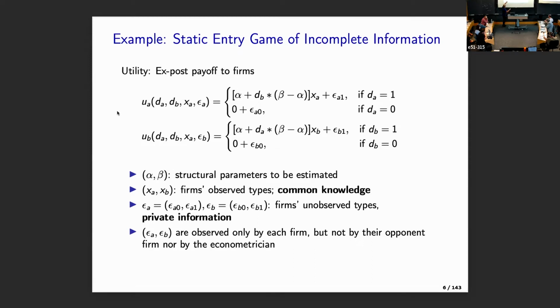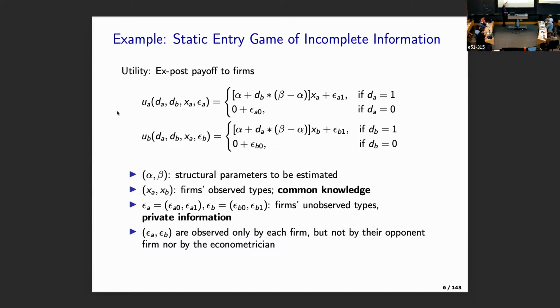And then there's some heterogeneity. Think of these as types of different firms, and here the two firms both observe these X's. Think about the size of the firm or the type of the firm. And then we've got our IID extreme value shocks. So the choice probability is going to be logit, just like the likelihood.